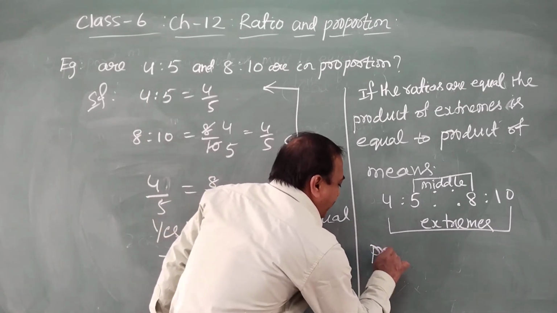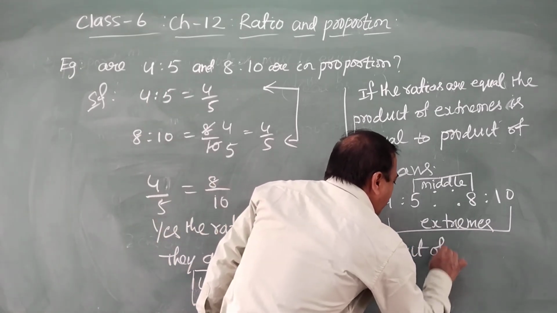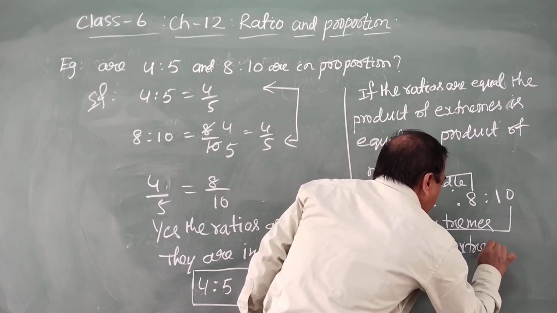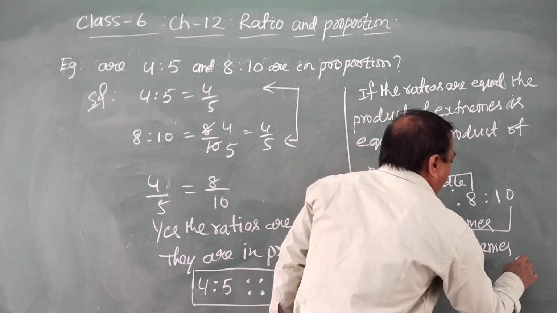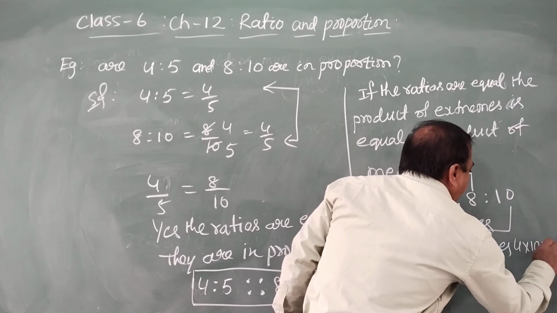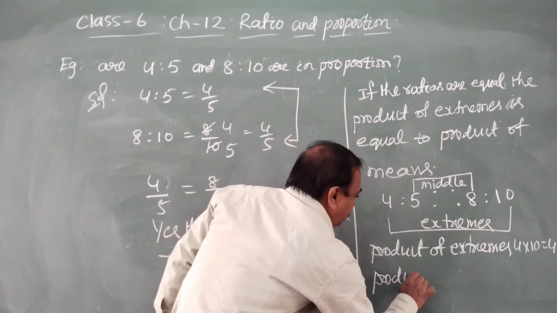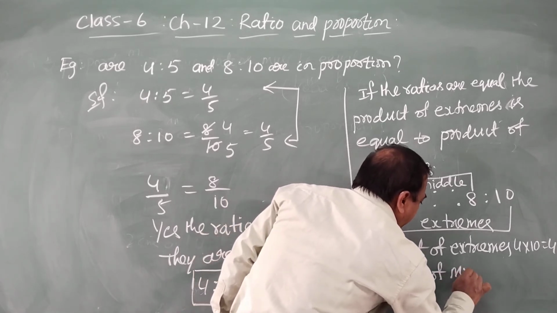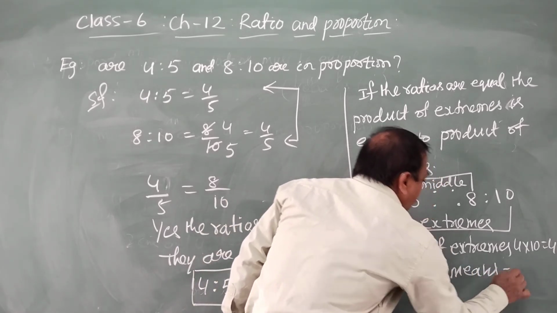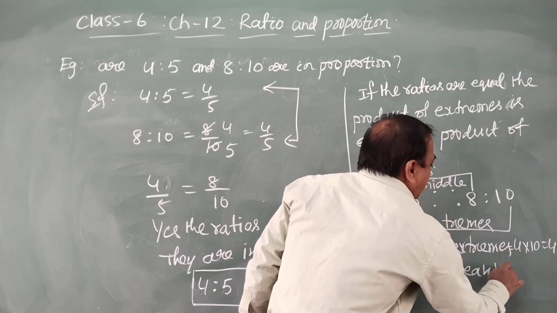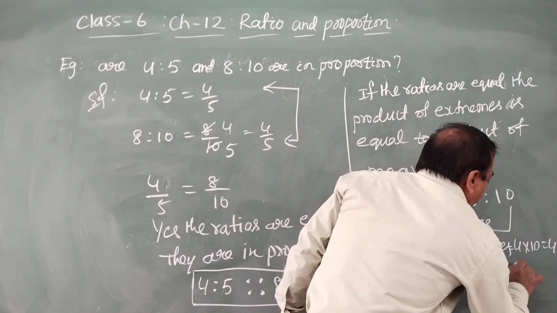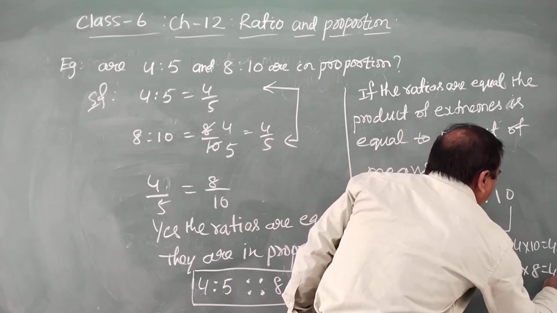The product of extremes, 4 into 10, is 40. The product of means, the middle terms, 5 into 8, is 40.